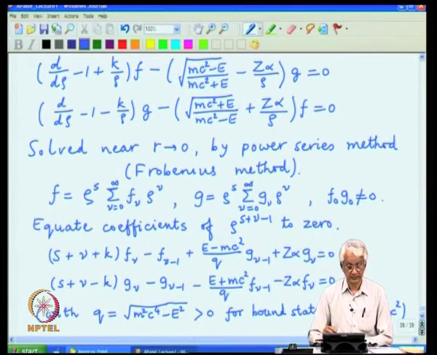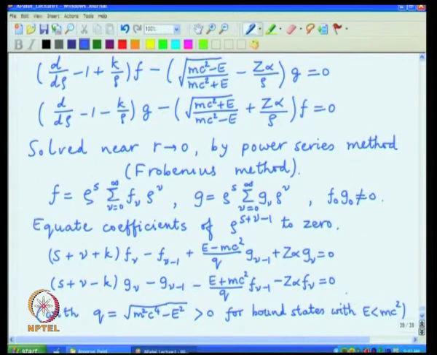So, now we have to solve for these various coefficients from this particular equation. The first step is to go to the lowest order in this infinite series, which corresponds to nu equal to 0, and find the terms which contribute to it.